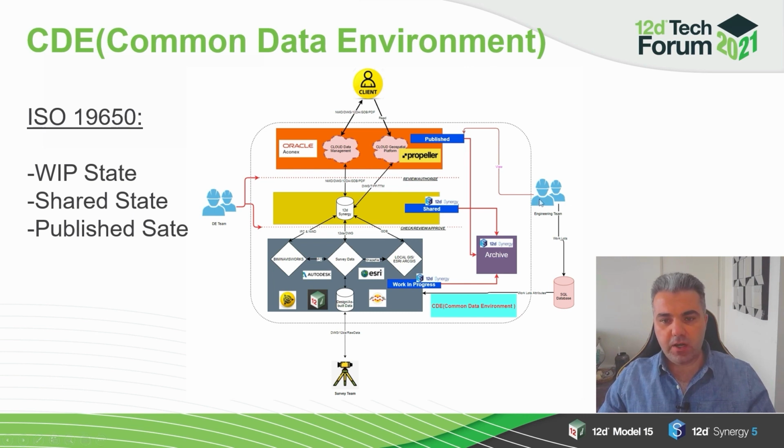If we look here at this chart, it starts with the survey data, then it goes to the work in progress environment using 2D synergy. We've got the shared environment. It is in 2D synergy as well, and the published environment using Propeller and a cloud data management software like Aconex, then goes to the client.